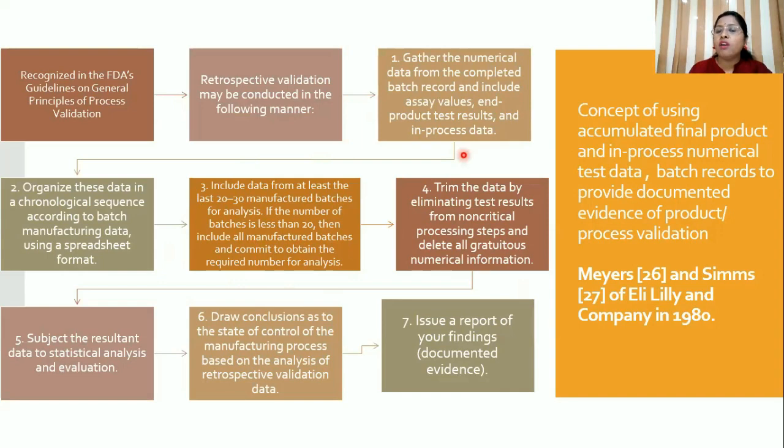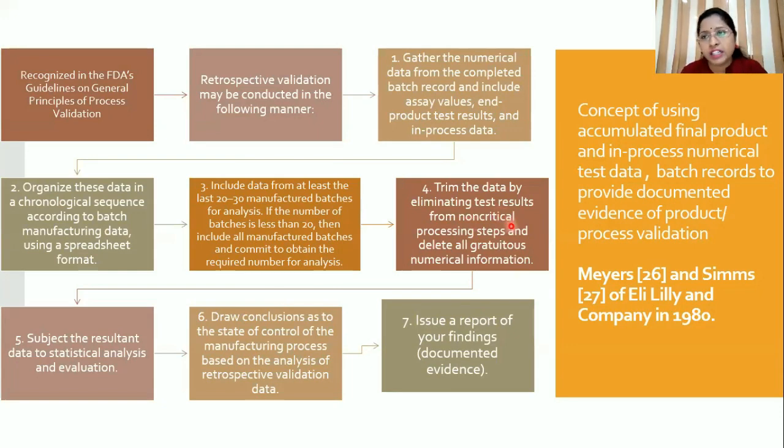Then the fourth important one: trim the data by eliminating test results from non-critical processing steps and delete all gratuitous numerical information. It means you have to delete or trim some data, and in that trimming part, you have to remove test results from non-critical processing parameters.